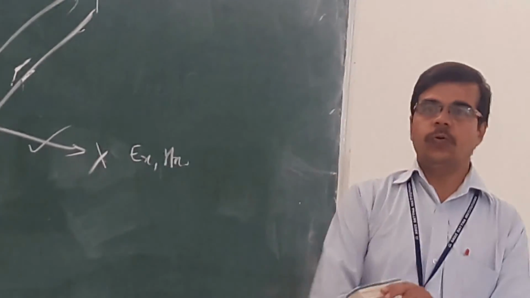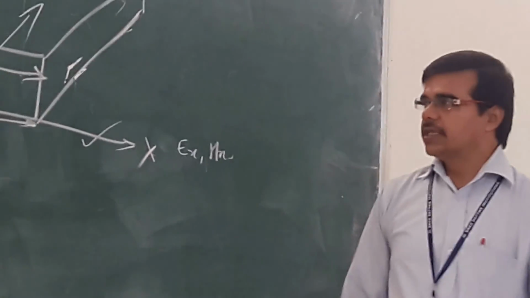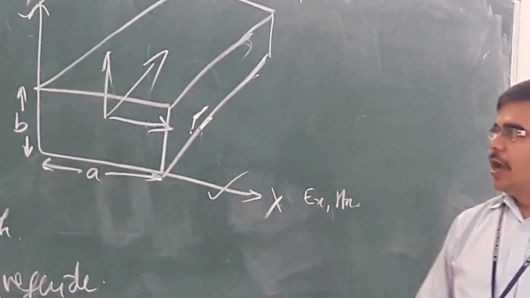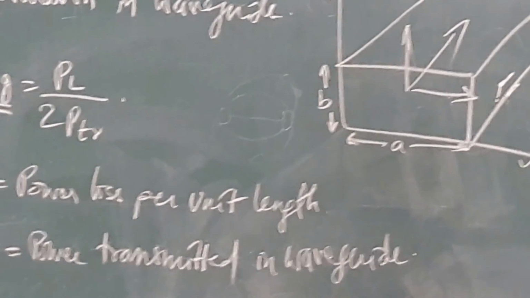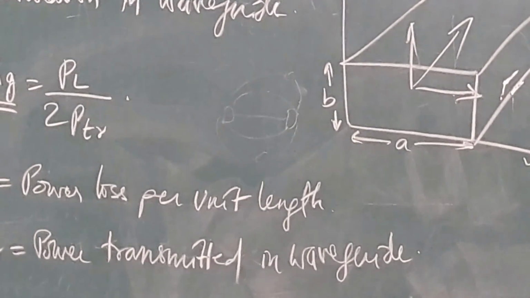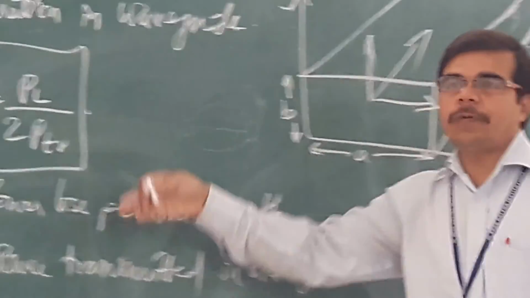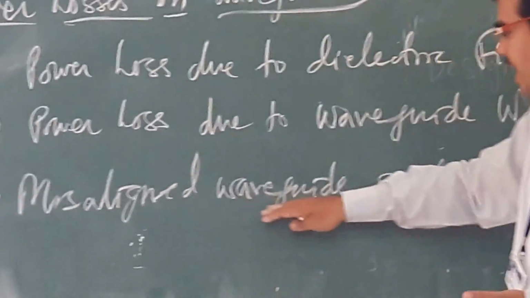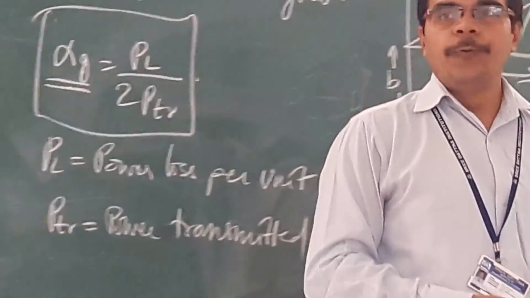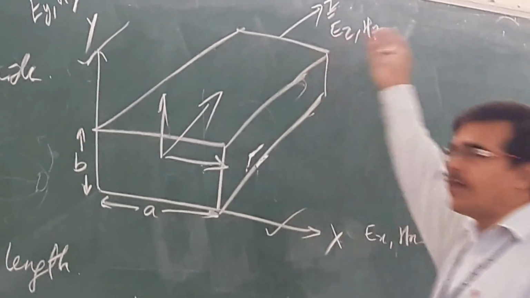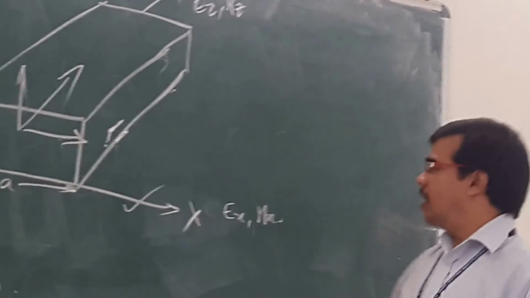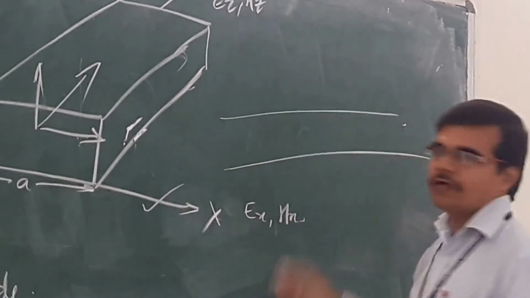Now, if we want to calculate the power loss because of the waveguide wall, we assume that the waveguide is of infinite length.